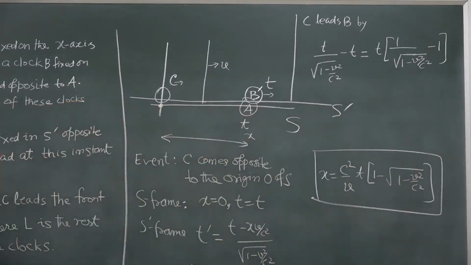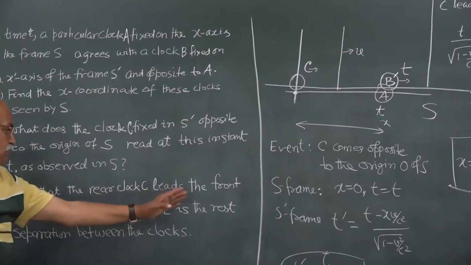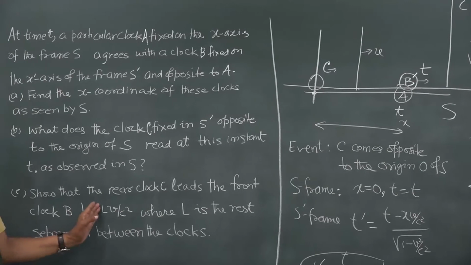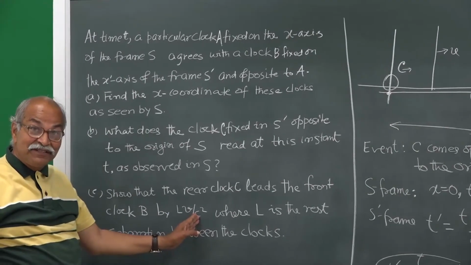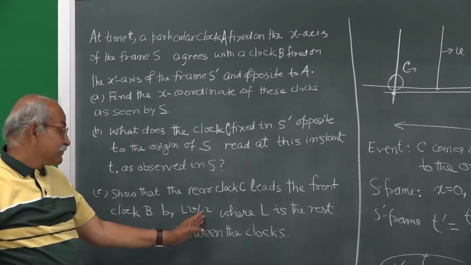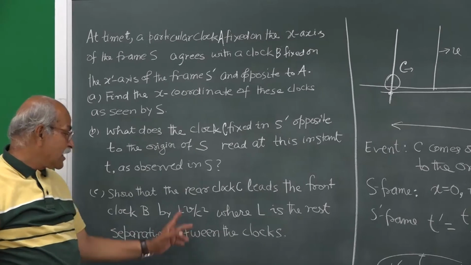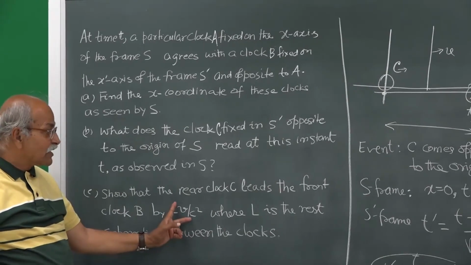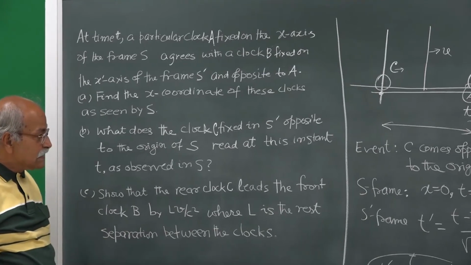And then you want to show that this rear clock C leads the front clock B by LV by c square, which we have studied in synchronization of clocks, where L is the rest length between the clocks. So let us calculate this L times V divided by c square.